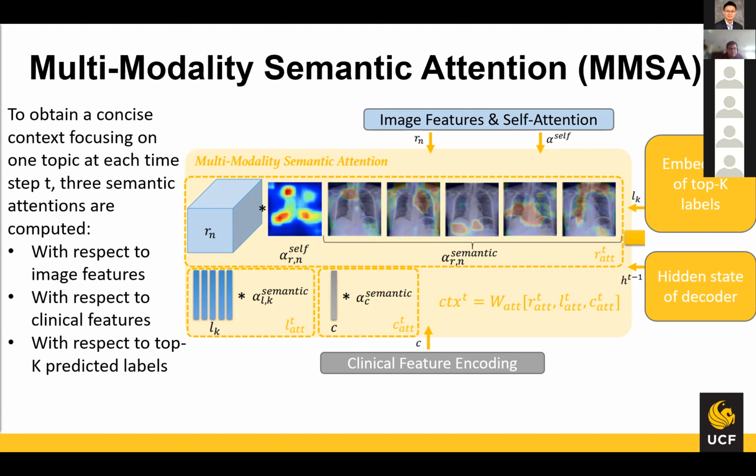Secondly, with respect to the clinical features and the text description seen at the bottom in gray. And then finally, with respect to the top K predicted labels from the common medical descriptions.